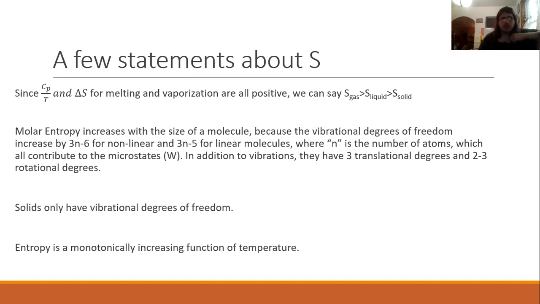Because of this, we can make a few statements. Because delta S is always positive for these isolated systems, and Cp over T is always going to be positive, we can say that the entropy of a solid is lower than the entropy of a liquid, which is lower than the entropy of a gas, because we keep on adding portions onto this.